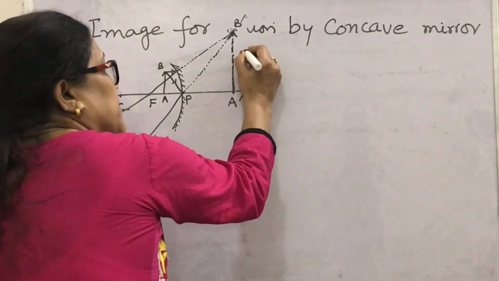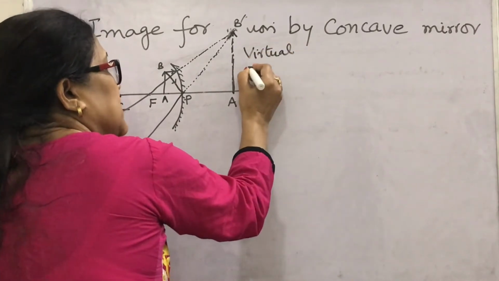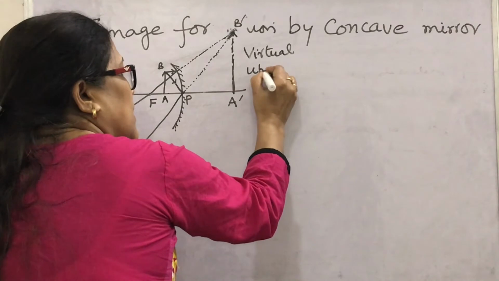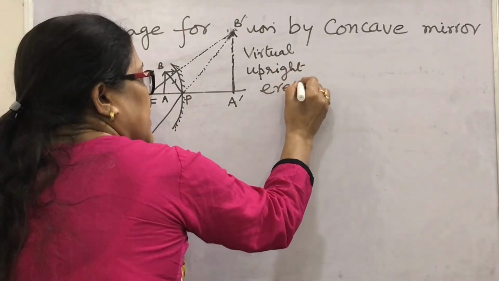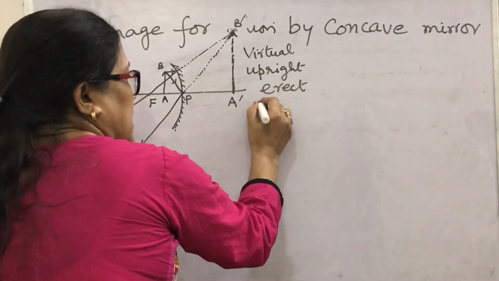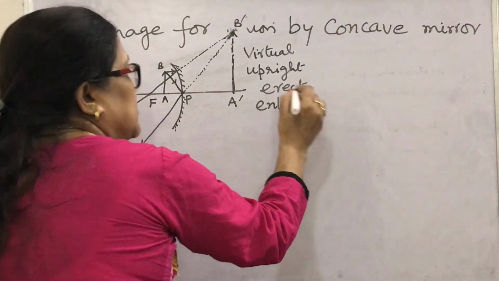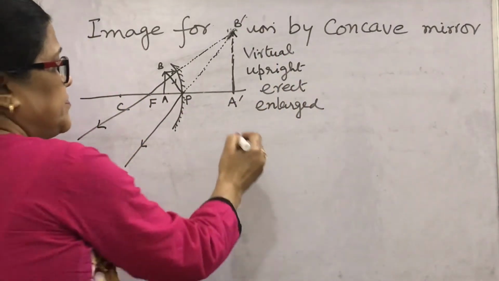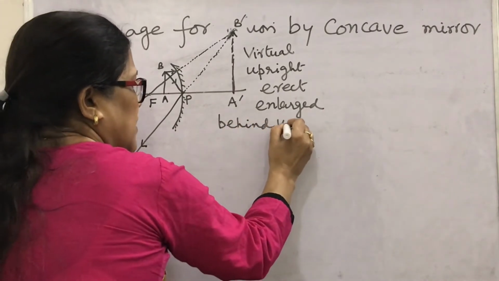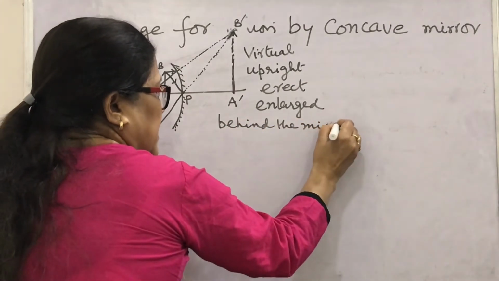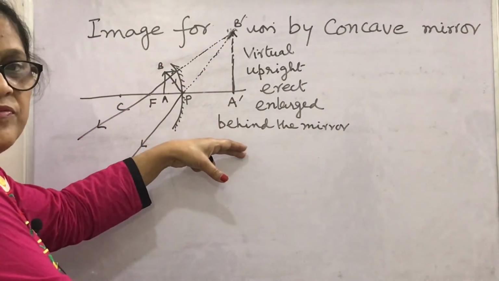So this image is virtual. You know the difference between virtual and real image. And upright, erect you can say, and enlarged, bigger, and behind the mirror or inside the mirror. These are the characteristics of the images. So in this way you have to find.